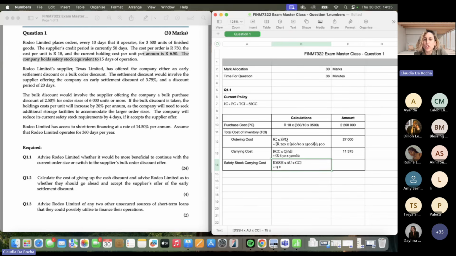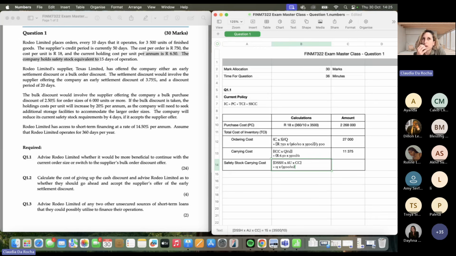Times our average usage. When we're looking at our average usage, we're basically saying how many units do we use per day? So we're going to say the 3,500 divided by 10.